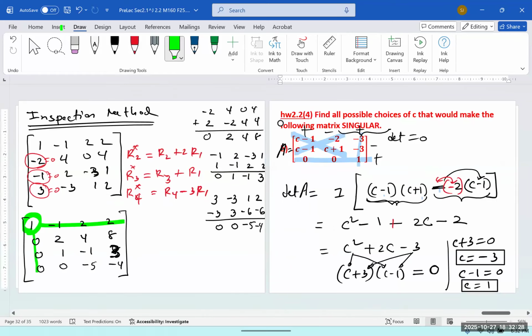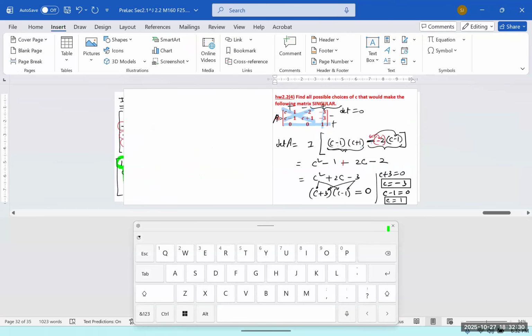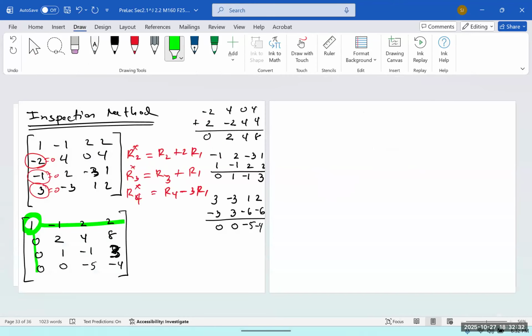So we have 1 times the 3 by 3 matrix: 2, 4, 8, 1, negative 1, 3, 0, negative 5, negative 4. And then in this 3 by 3, we have this 0.